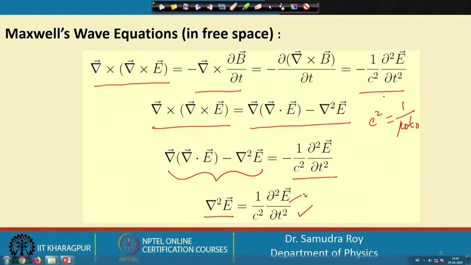That means the solution E should behave like a wave. That is the most important thing, because this wave equation suggests that electromagnetic radiation, or whatever we are aware of, is nothing but an electromagnetic wave. So light is nothing but an electromagnetic wave.